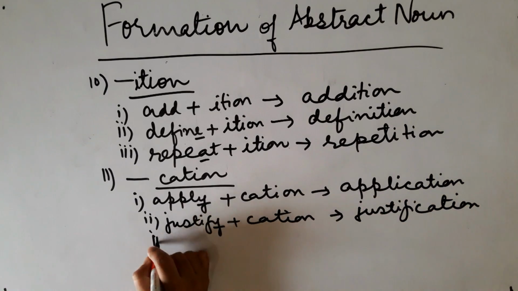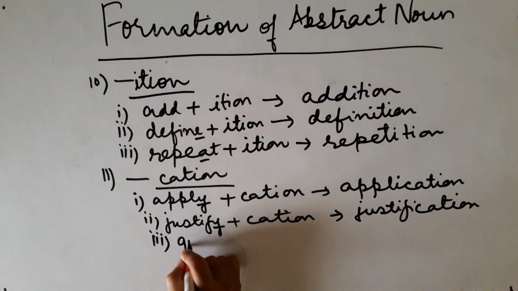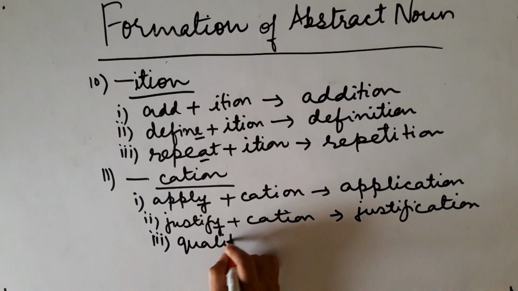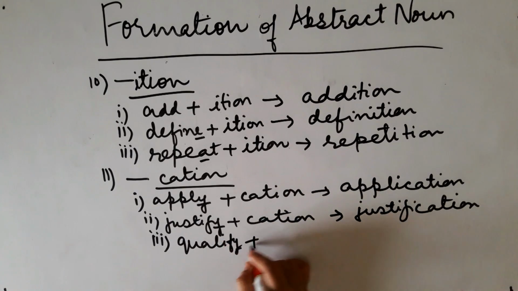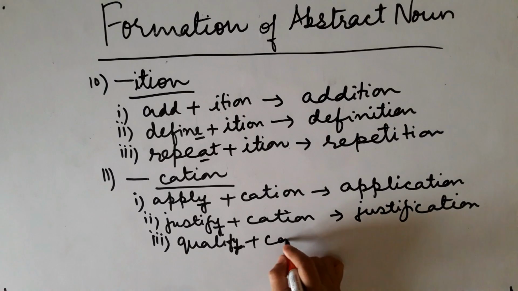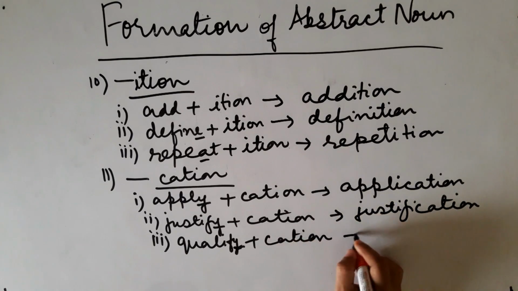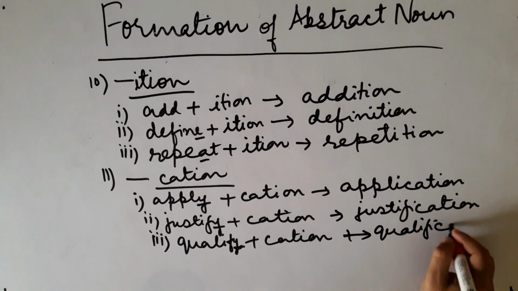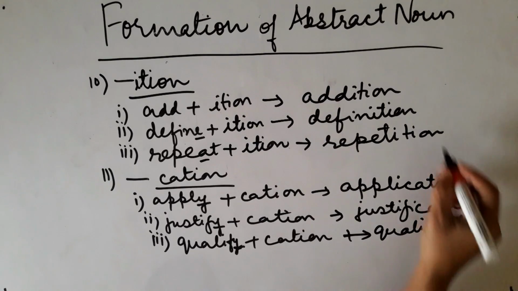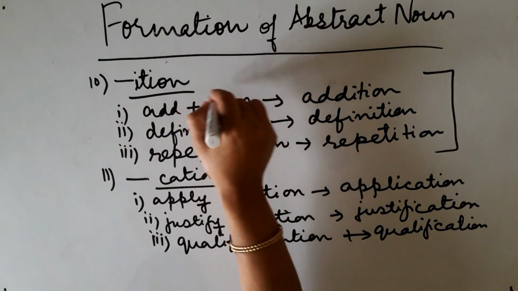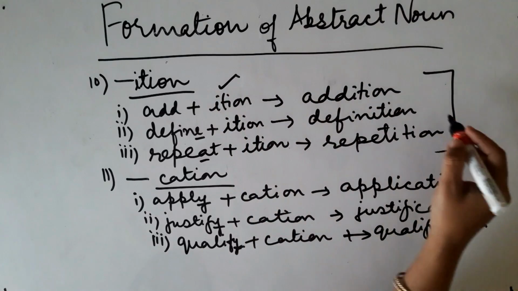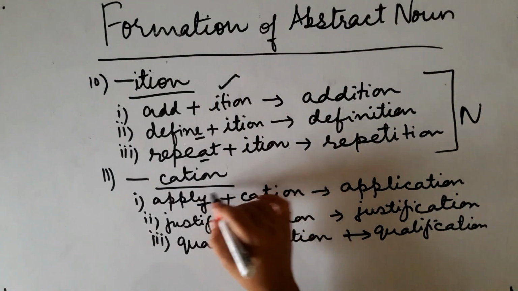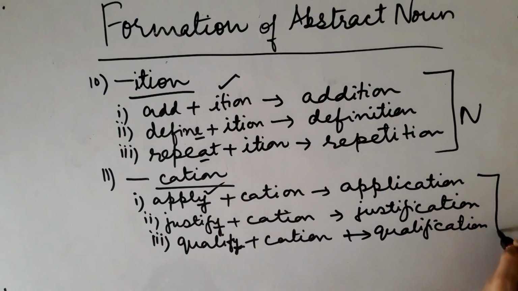Then we have another word in this category, qualify. Here again y is replaced and i is used along with cation and it becomes qualification. Thus in this way we are changing these verbs into nouns by making a simple change.